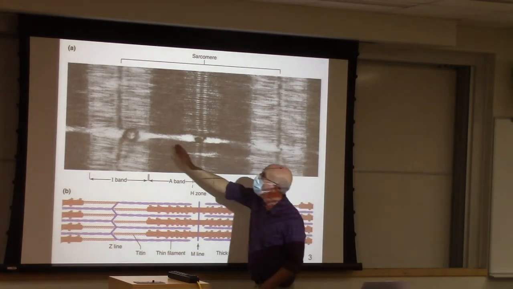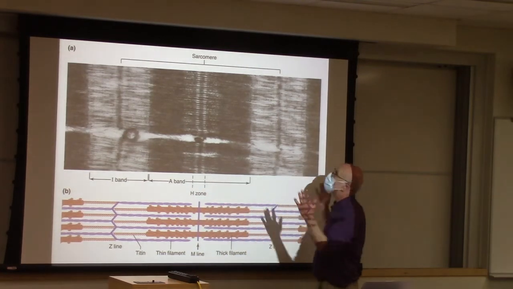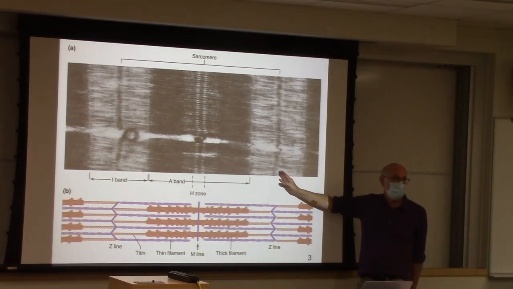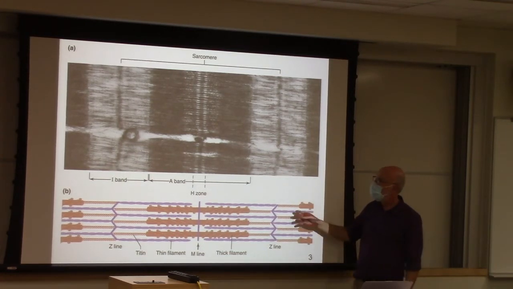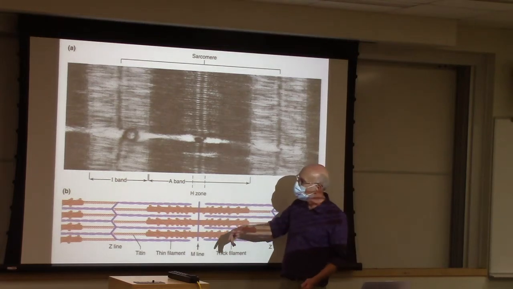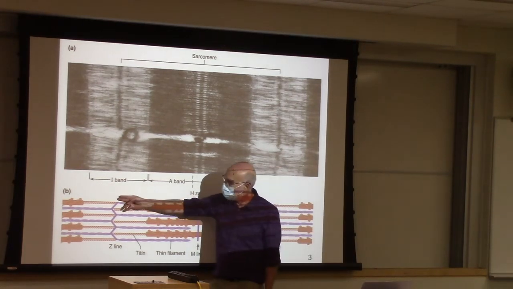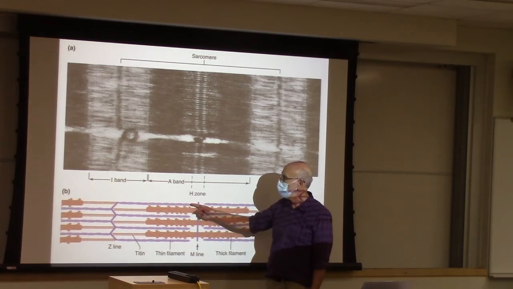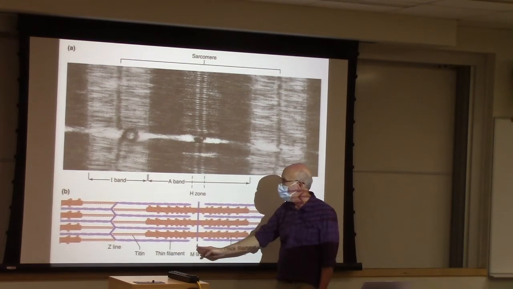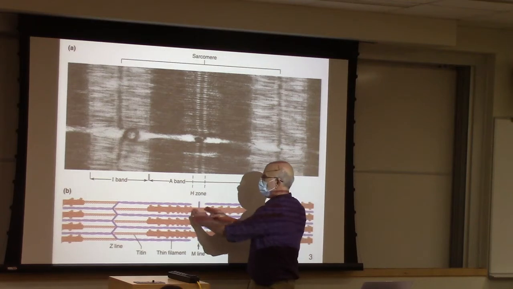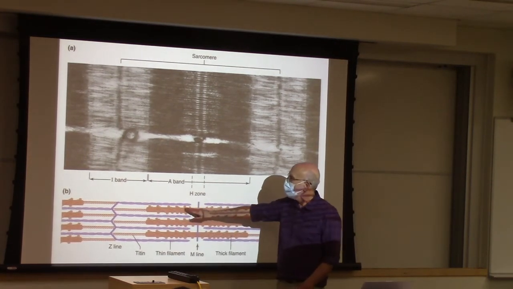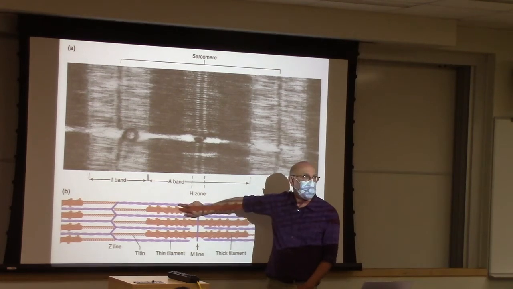And so the sarcomere of skeletal and cardiac muscle is formed from a repeating unit of Z discs connected to thin filaments, M lines in the middle of thick filaments, and thick filaments and thin filaments interacting with each other to do the contraction.